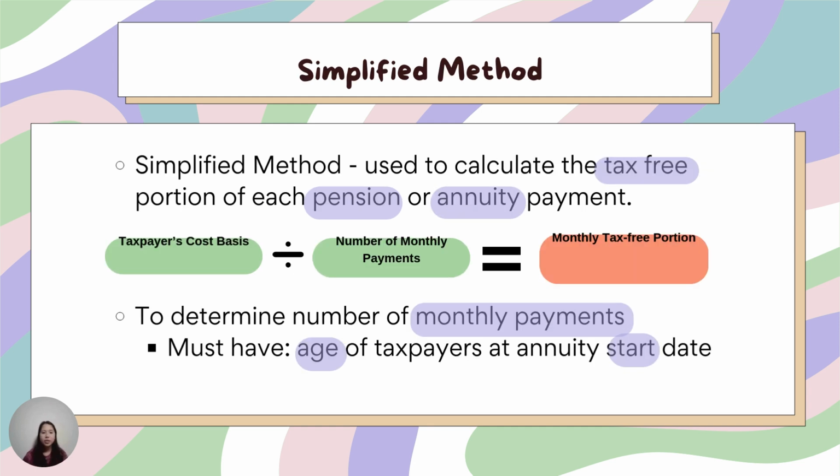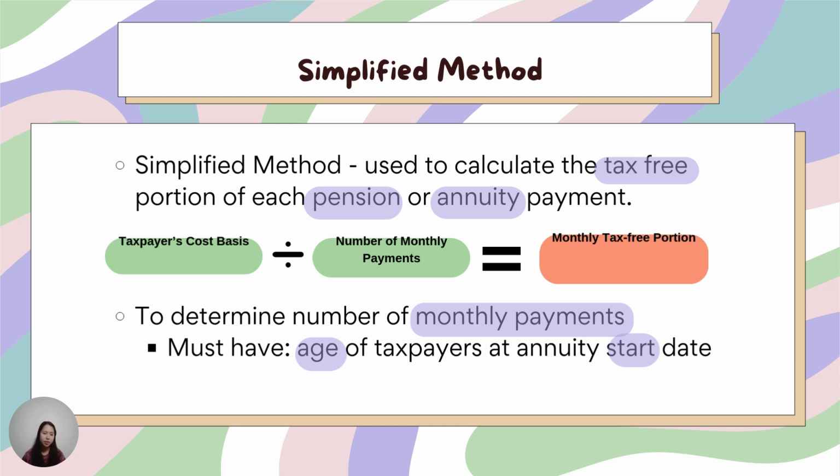Okay. So the simplified method. The simplified method, again, is used to calculate the tax-free portion of each pension or annuity payment. And the equation for the simplified method is the taxpayer's cost basis, which is basically how much after-tax dollars they put into the plan, divided by the number of monthly payments, so the number of times they paid a contribution, equals the monthly tax-free portion.